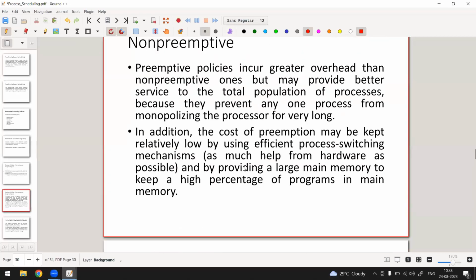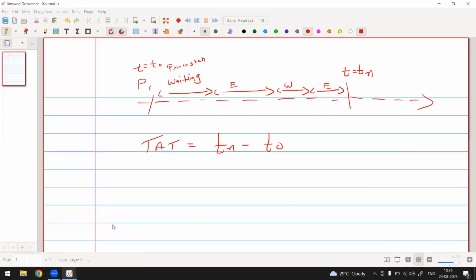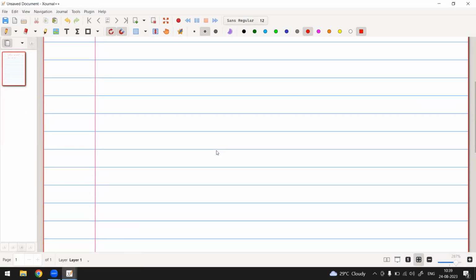Okay, so in general, these are the guidelines for the process scheduling and the mode of process scheduling, that is preemptive and non-preemptive.